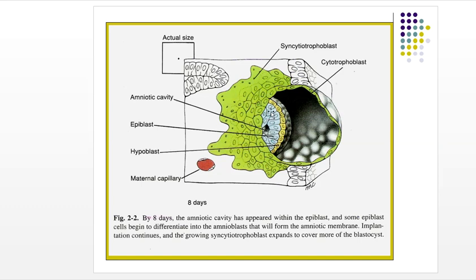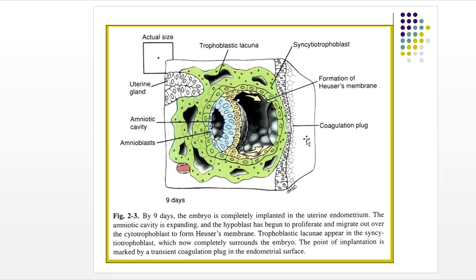In this cavity, the floor is made by epiblast cells and the roof is made by amnioblast cells, and the first cavity that is formed is named the amnion cavity.